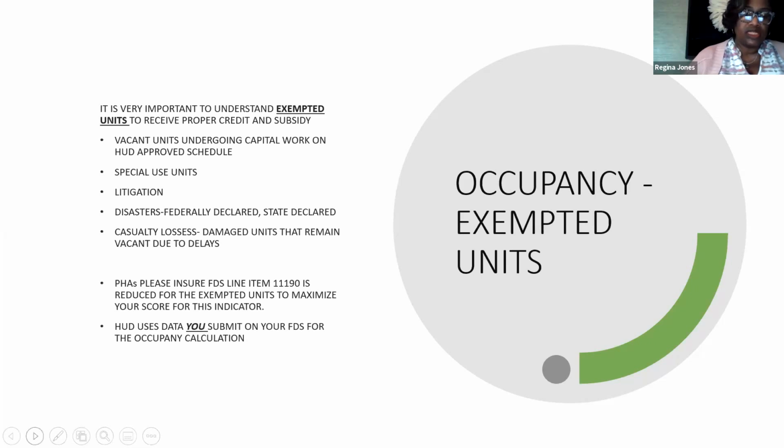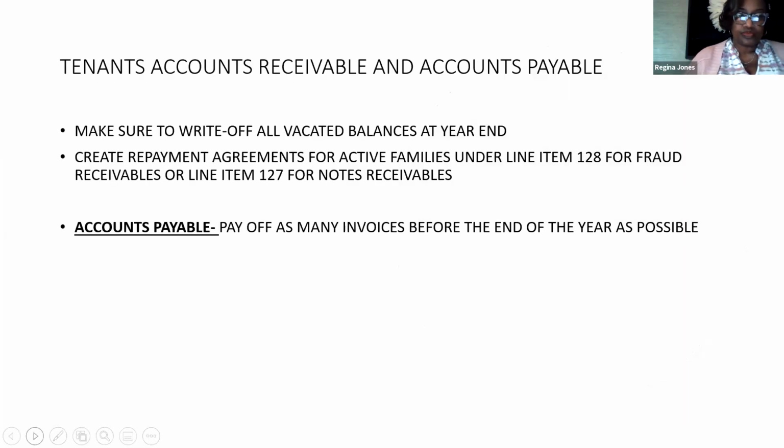In regards to tenant accounts receivable, make sure to write off all vacated balances at year end. And make sure you create repayment agreements for active families under line item 128 for fraud receivables or line item 127 for notes receivables. Is that correct, Eva?